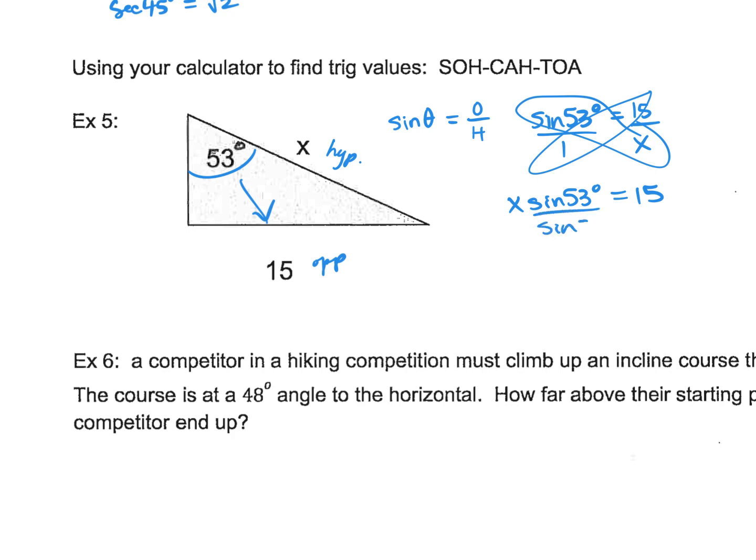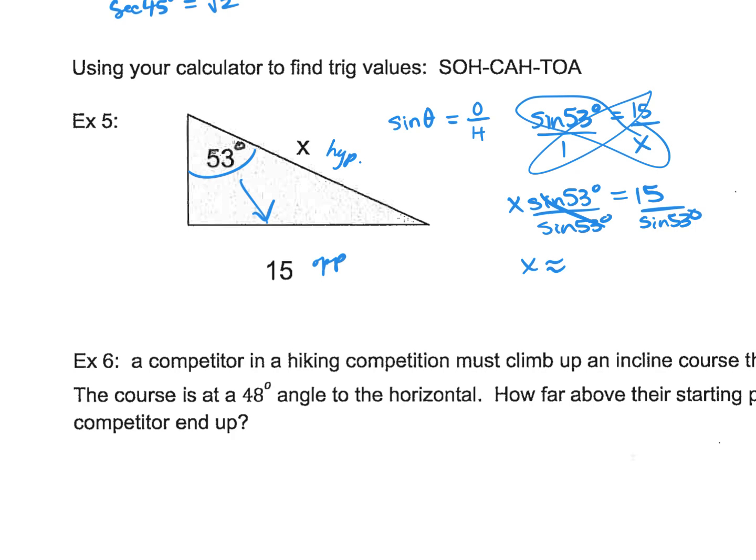Divide by sine 53. You see why I said you could just swap the x and the sine 53? You can always swap across the diagonal in a proportion. So x is something. Make sure your calculator's in degree mode first, please. Check across the top. Make sure it doesn't say radians. If it says radians, you're going to get some weird, funky answers.